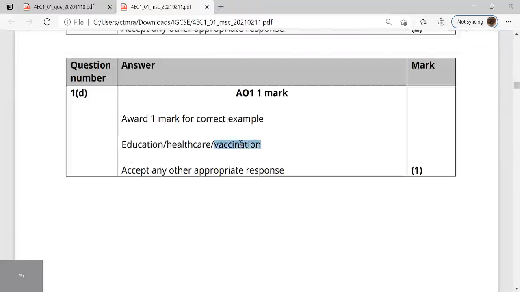But I'm giving a short explanation. It's not required here, but just for your better understanding. You are paying for your tuition, your education, right? So Maple School is providing the education for you, and you are paying for your tuition.